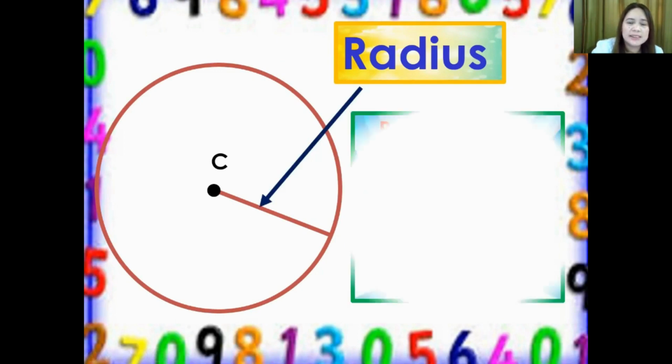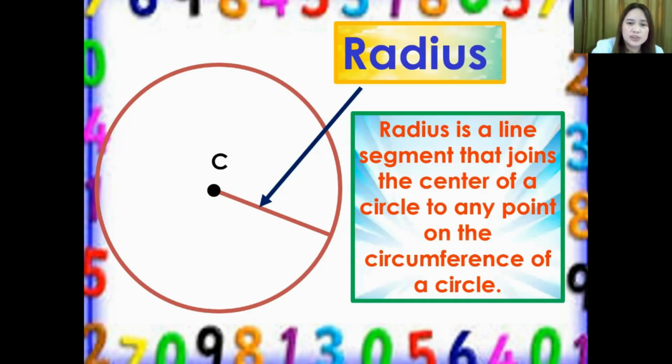So radius is a line segment that joins the center of a circle to any point of the circumference of a circle. If you get another point here, that is still a radius connecting the center to any point of the circle. So we call that a radius.